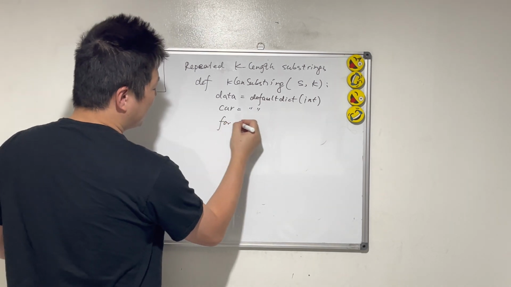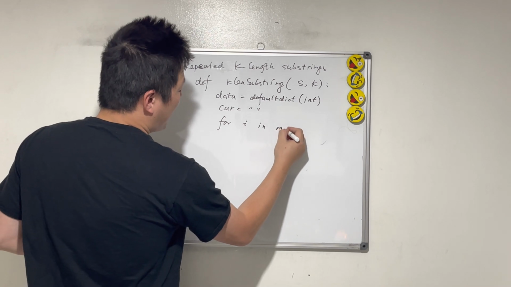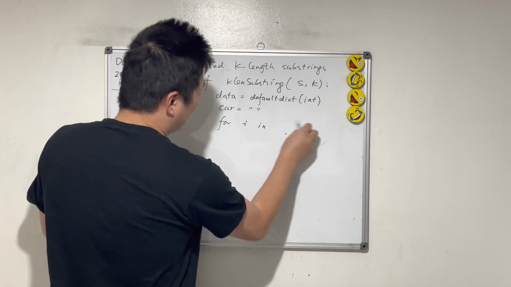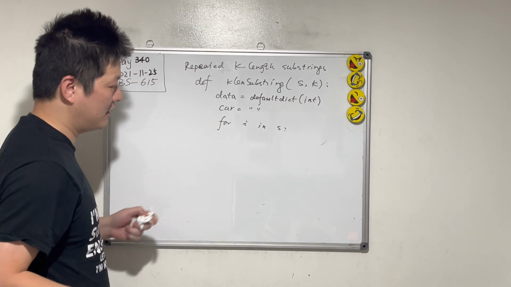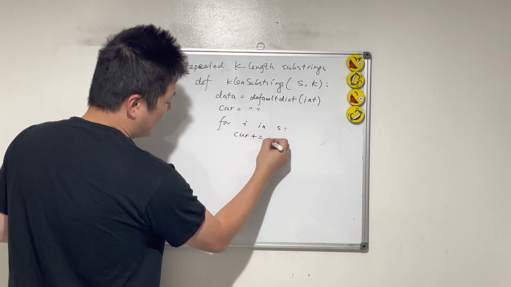Then we need to go through the string first, for i in range, and then we can build it. We can concatenate the string, right?